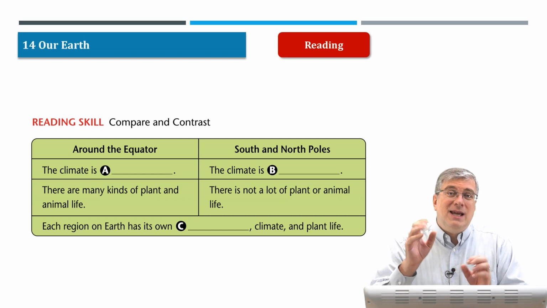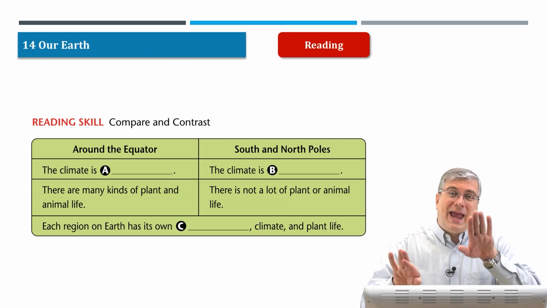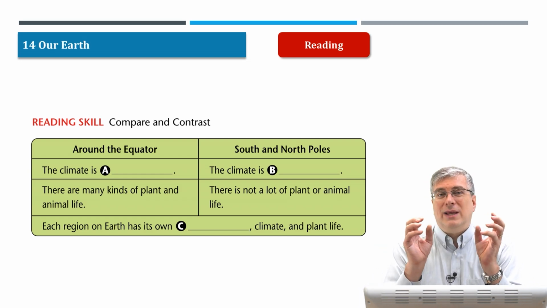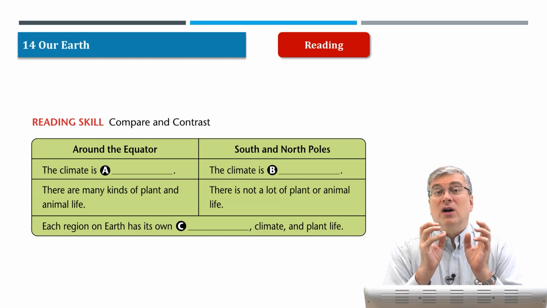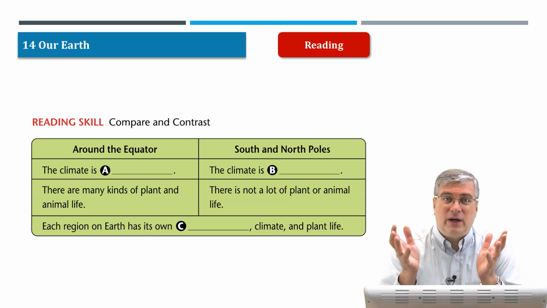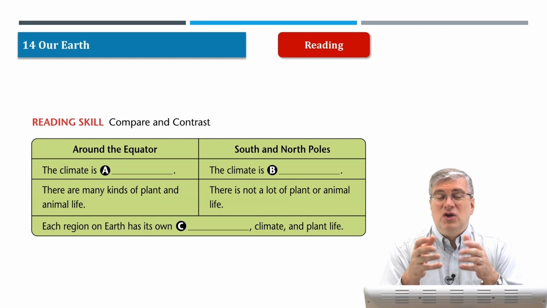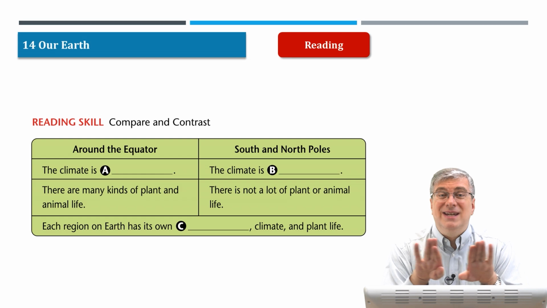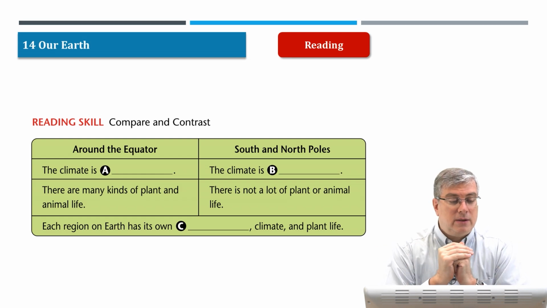So we can divide those regions and compare and contrast those. Compare is when you say how things are similar. Contrast is when you say how things are different. Of course, in this reading passage, we mostly talked about how these two areas are different. So let's take a look at it.